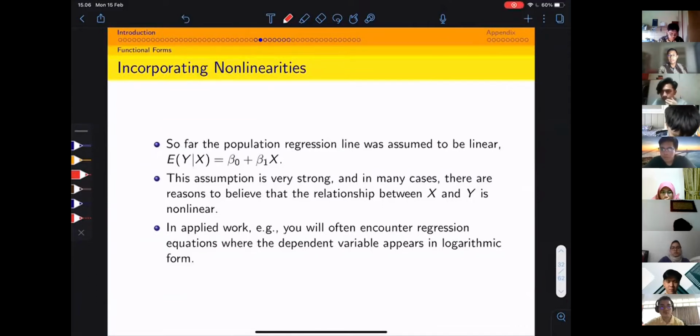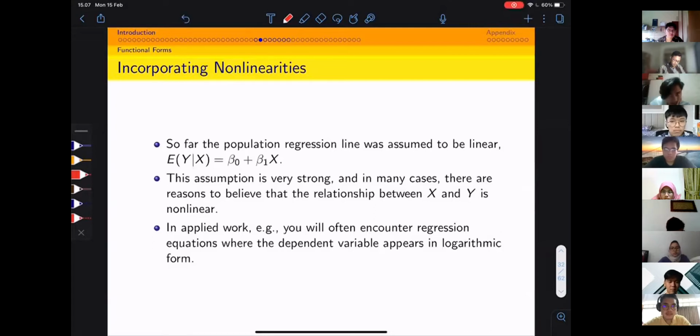Okay, in many cases, there are reasons to believe that the relationship between x and y is actually nonlinear. Okay, so in applied work, you will often encounter regression equations where the dependent variable appears in logarithmic form.